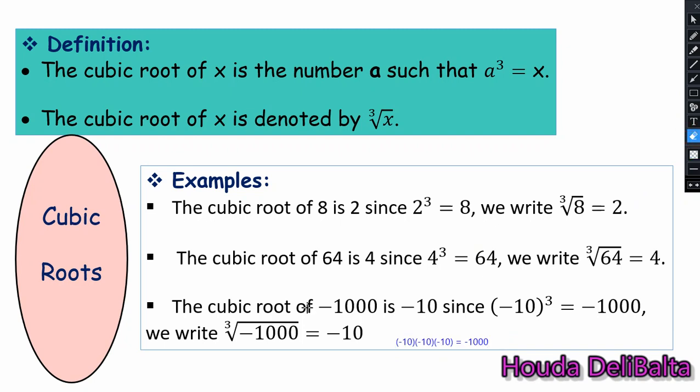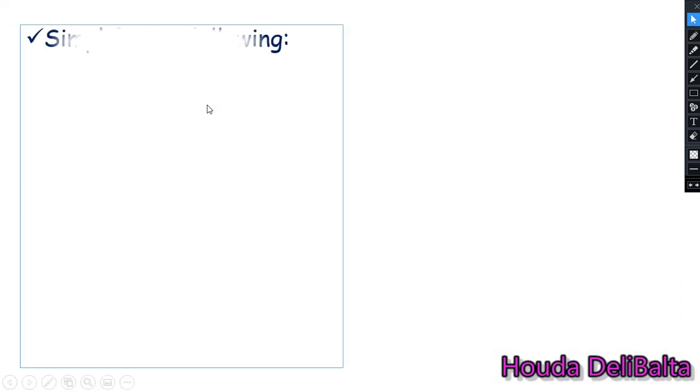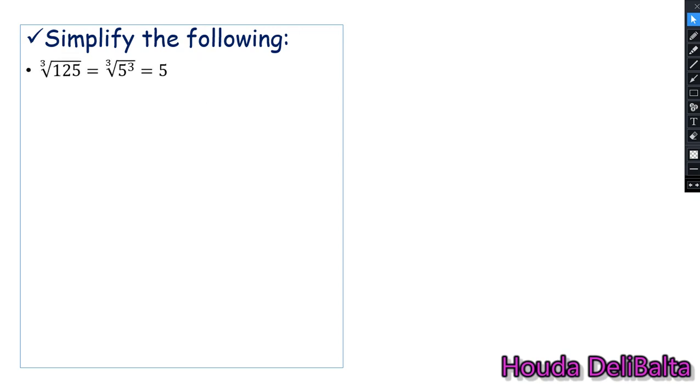Now let's continue to know more about the cubic root. Here are more examples to make things clear to you. I have cubic root of 125 and I have to simplify this. So all I have to do is to change 125 into a power.